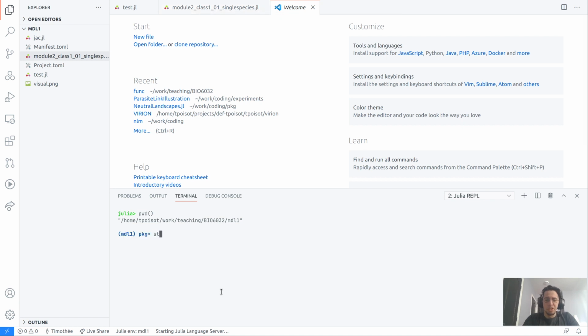You can also check that we are working in the correct environment, because when we go into the package mode, it says MDL1, which is the name of this folder/project. And we can see that we have installed two of the packages that we will need for this module.